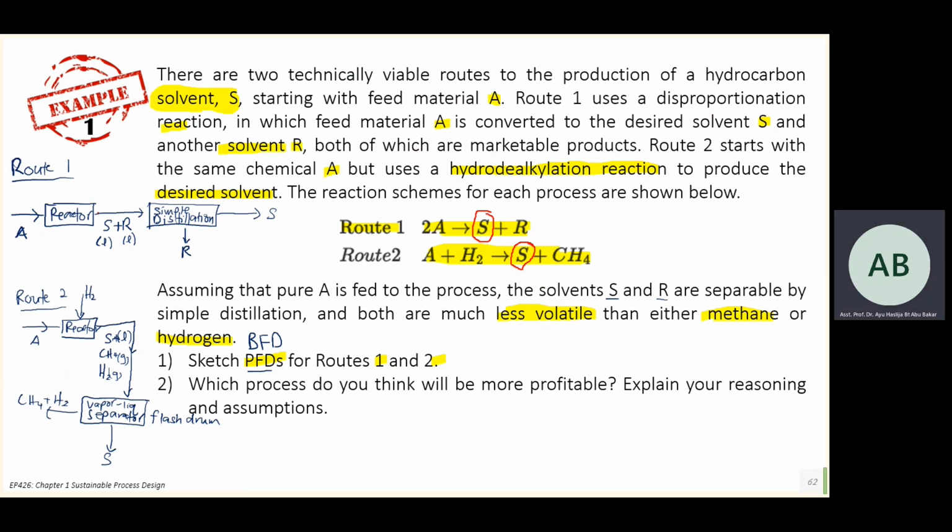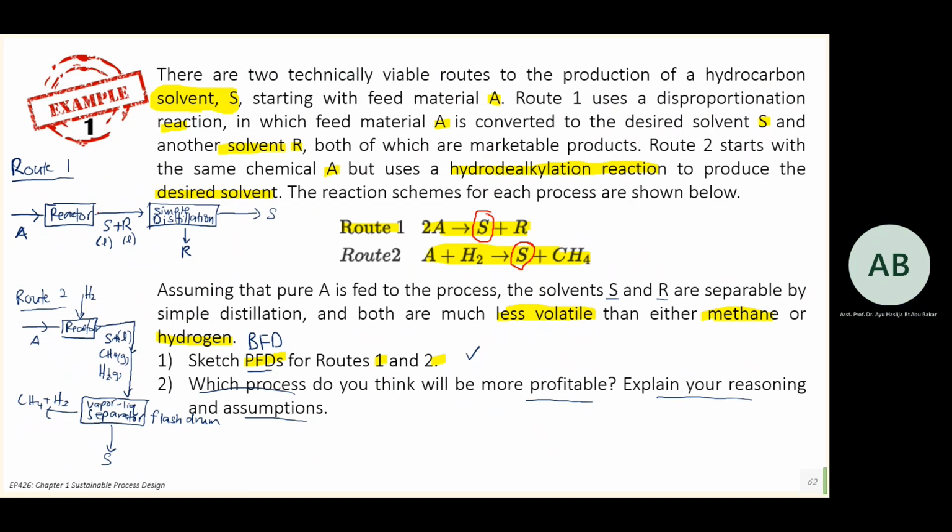But the difference is in the separator. Different type of separator, right? Okay, question 1 answered. You only need to sketch the BFD. Now, question 2 asks which process do you think will be more profitable? Explain your reasoning and assumption.